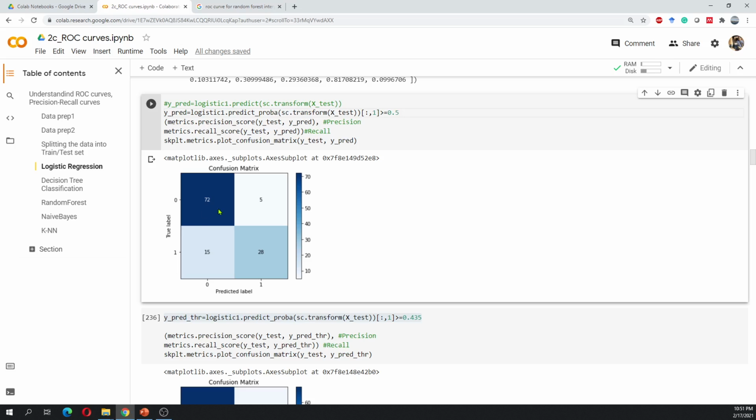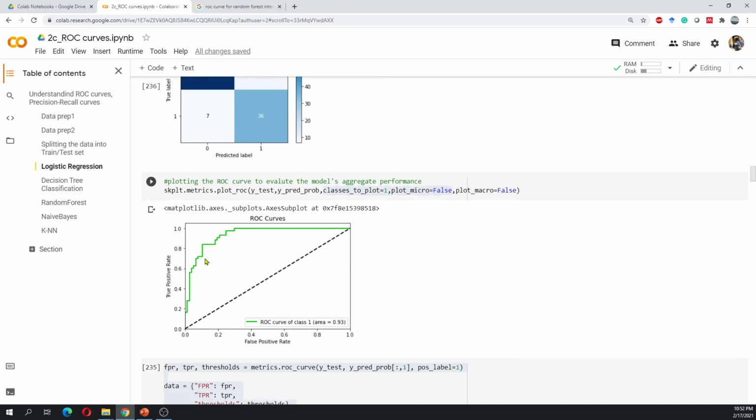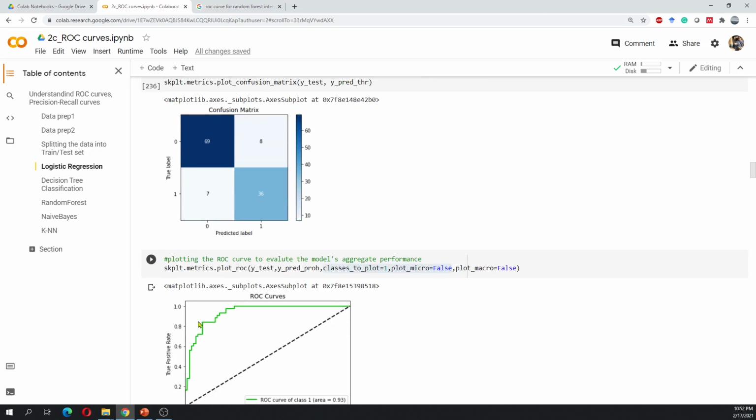You would expect to see the same confusion matrix if we run this, and yep, it is. 72, 5, 15, 28. You see the same thing. That's basically going with the 50% threshold. If we change it, the confusion matrix changes. This is just to illustrate what's happening here: this confusion matrix is at this probability threshold.